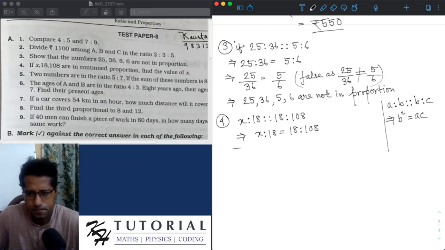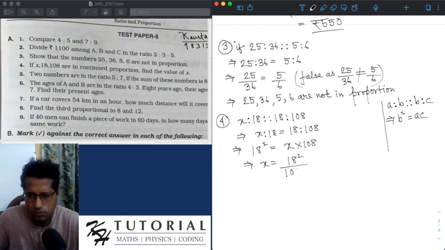B square in this problem is 18 square, because 18 is the mean proportional to x and 108. So 18 square equals a is x and c is 108, so x into 108. This implies x equals 18 square divided by 108.